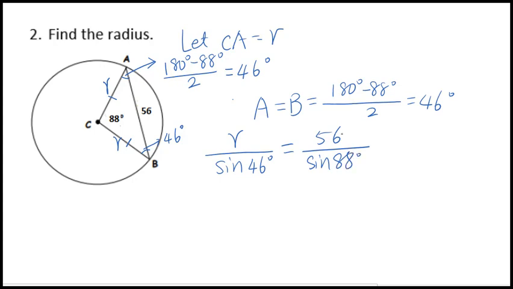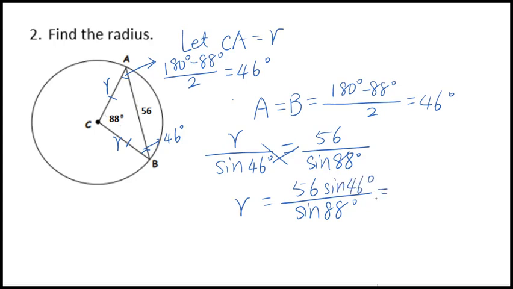Remember corresponding sides over corresponding angles, then cross multiply. You have r equals, the same line with the variable goes to the denominator. So you have sin 88 degrees, then 56 times sin 46 degrees.